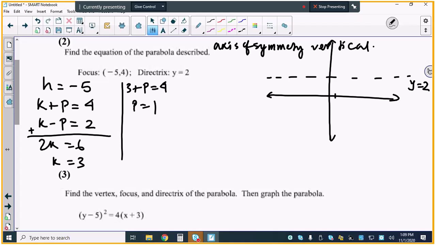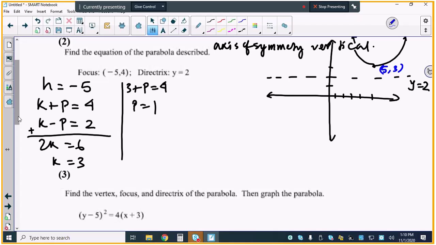So x equal to 1, 2, 3, 4, say 5. And 3, this is 1, 2, 3. So somewhere here is the vertex of the parabola. It opens up, so this way. This point over here is 5, 3 as the vertex.